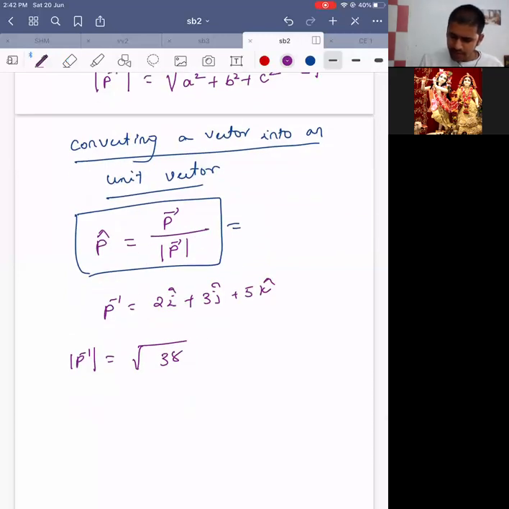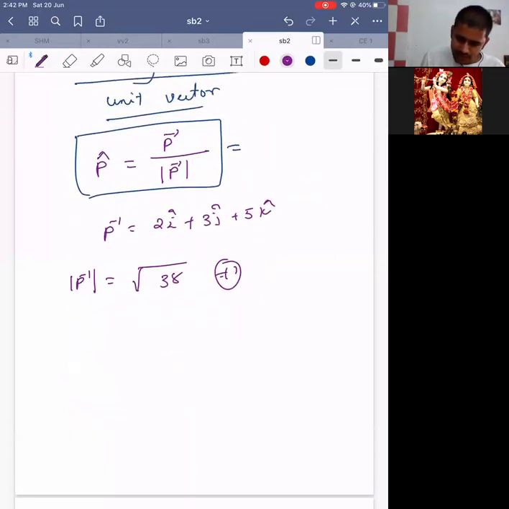Okay, but it is not equal to 1. It is not said to be a unit vector. Then what should we do? We should divide the vector by the magnitude. So 2 i cap plus 3 j cap plus 5 k cap upon square root of 38. Then it becomes a unit vector.